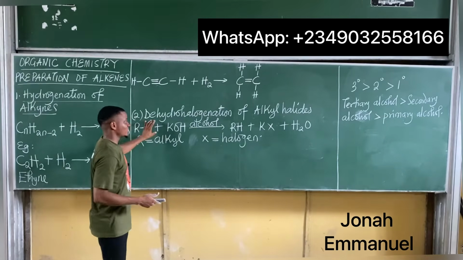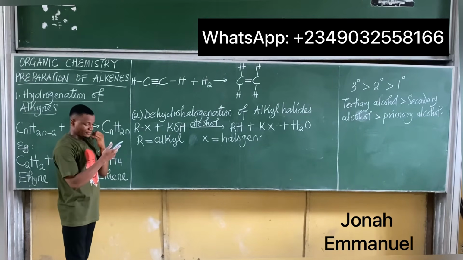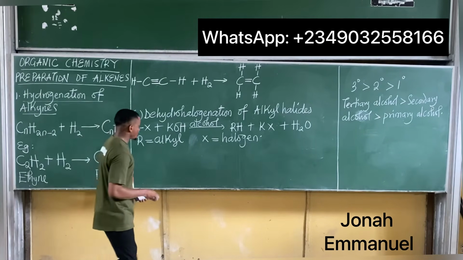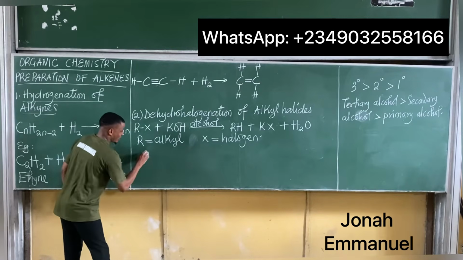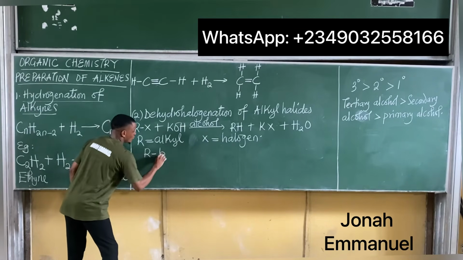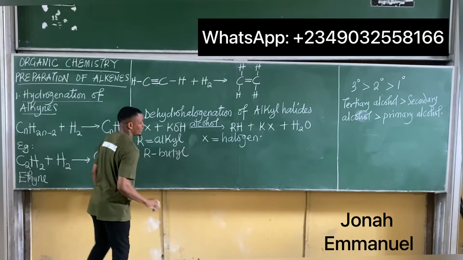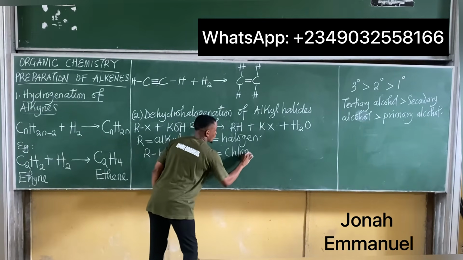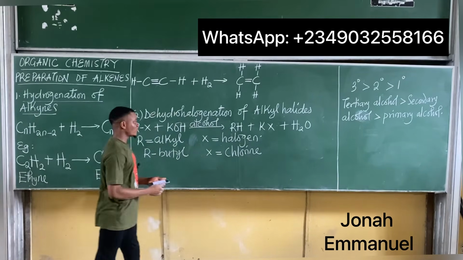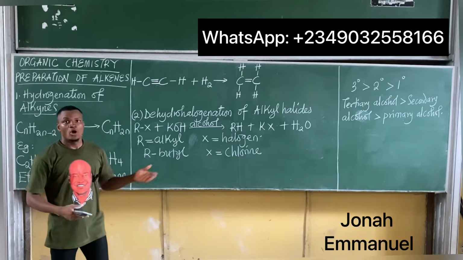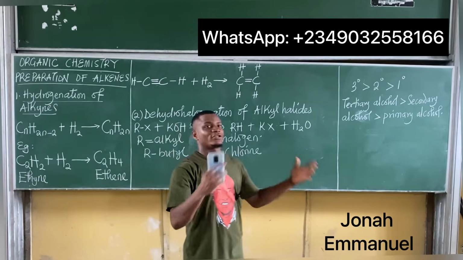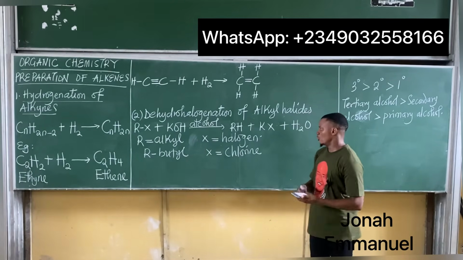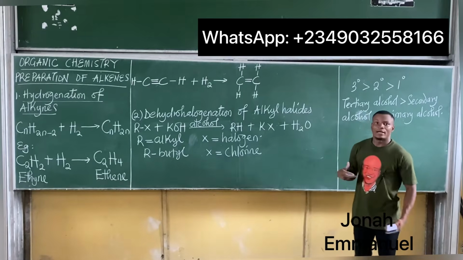Example under this, please. Let's take R as butyl and X as chlorine. On your own, please, try to sketch out the formula and see what you get.